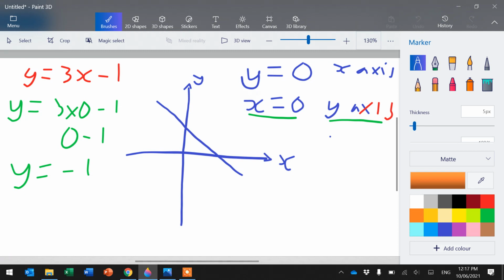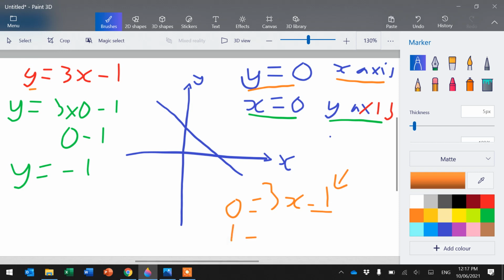Now we're going to do y equals 0, to figure out when it cuts the x-axis. We had y equals 3x minus 1, and we're now going to have 0 equals 3x minus 1. For anything like this that we need to solve, we need to try to get the x by itself. Because it is minus 1, we do the opposite: we add 1 to both sides.